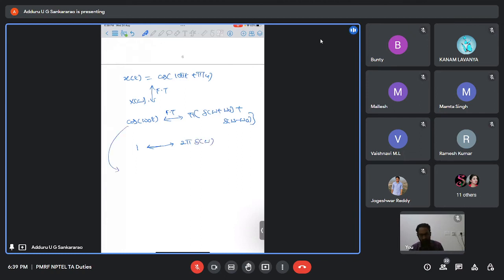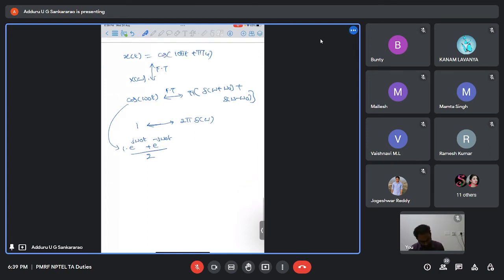Now this cos omega naught t, how will I write? Cos I can write as e power j omega naught t plus e power minus j omega naught t, by 2. Now this is like 1 into e power j omega naught t, right? Now we can use the shifting property, which is 2 pi into delta of omega minus omega naught.